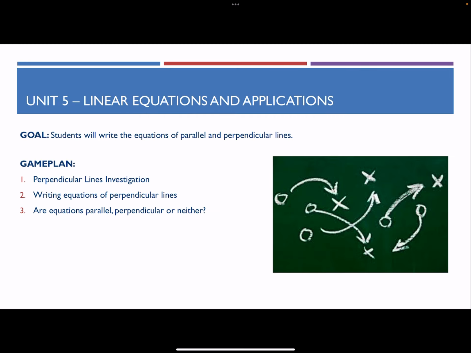So we're going to start with a perpendicular lines investigation that's going to be really similar to what we did with parallel lines yesterday. And then we're going to talk about how we write equations of lines that are perpendicular. And then we're going to finish with, I'm going to give you some equations and you're going to tell me if the lines are parallel, perpendicular, or neither.